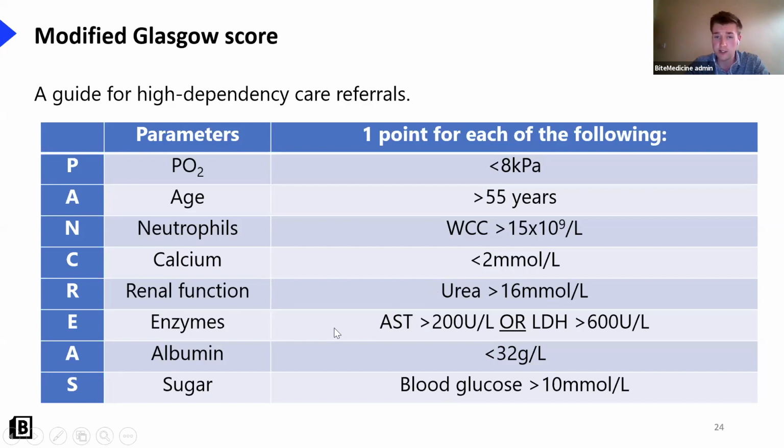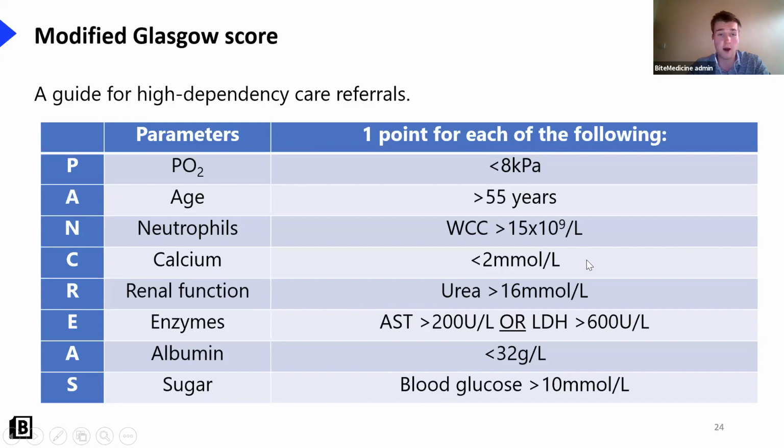Enzymes, you've got a choice. You've either got your AST being more than 200 or lactate dehydrogenase being more than 600. Albumin needs to be less than 32 in this instance to warrant a score, not 35. And then blood sugar needs to be more than 10. And we've already discussed why blood sugar can become raised in the context of pancreatitis.